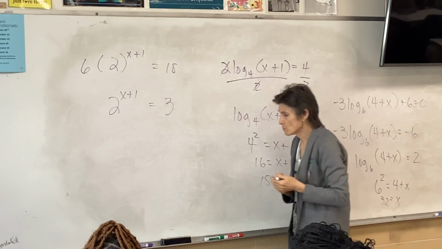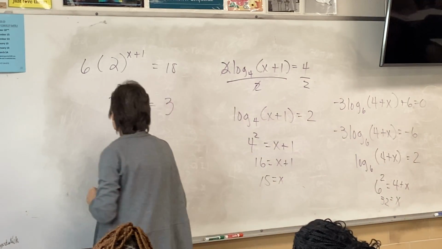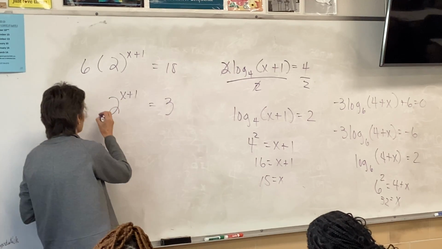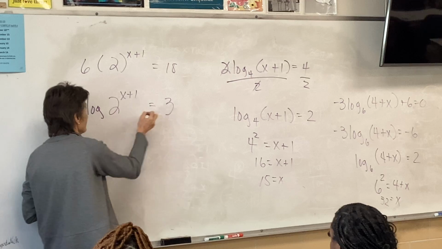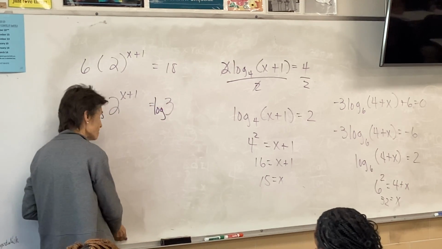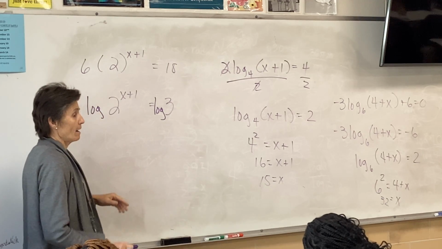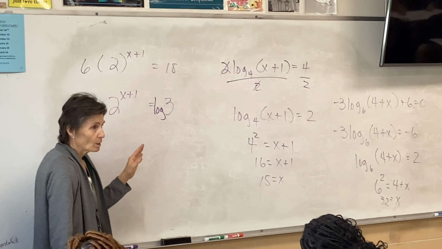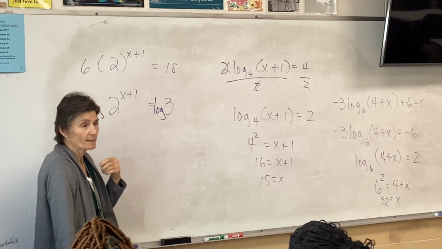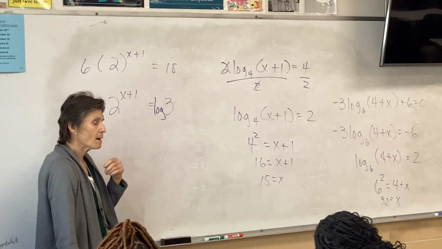So, if you cannot get a common base, the only way to solve this problem is to take the logarithm of both sides. Okay? Now, Mrs. Ford, why in the world are you taking the logarithm of both sides? Well, think about your properties.